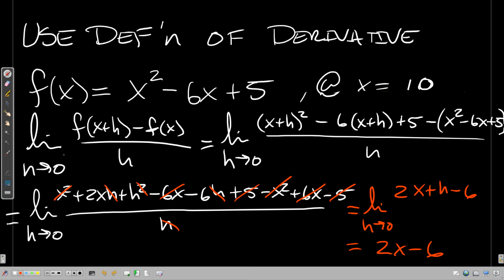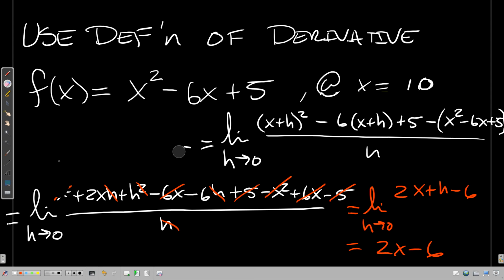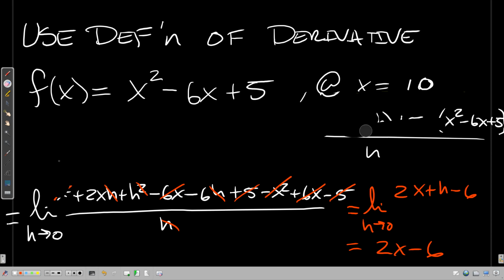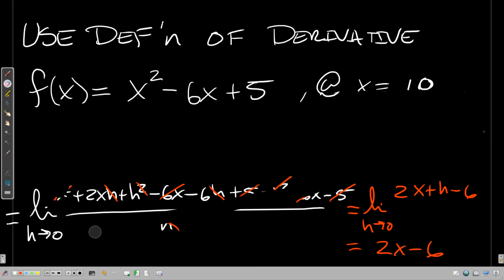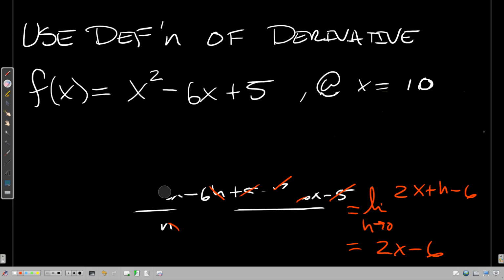Now, if this method confuses you, that's okay. That happens because of the x plus h business. You can definitely do it the other way with the f of w minus f of z over w minus z.